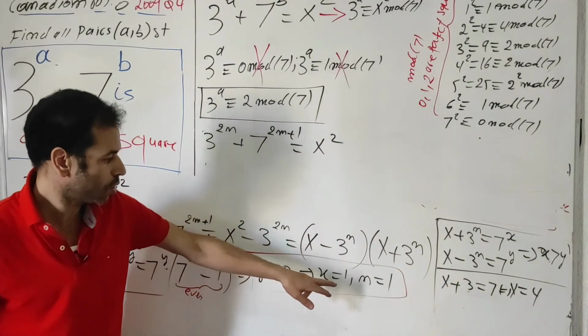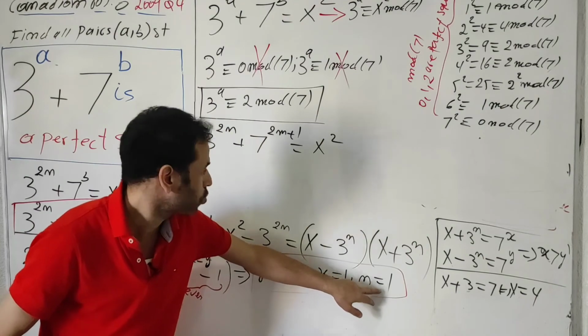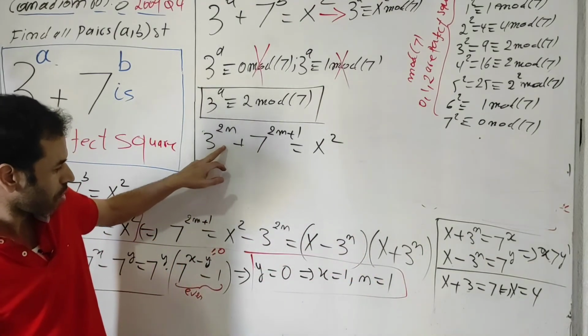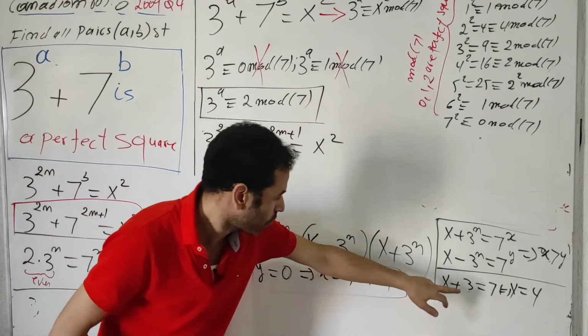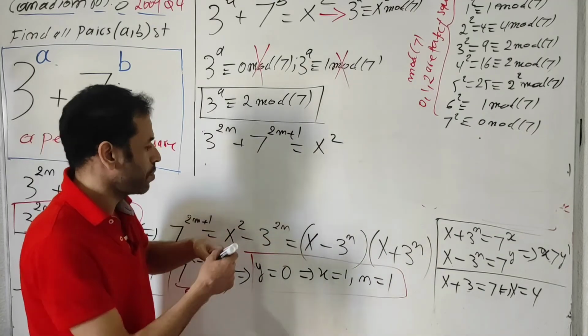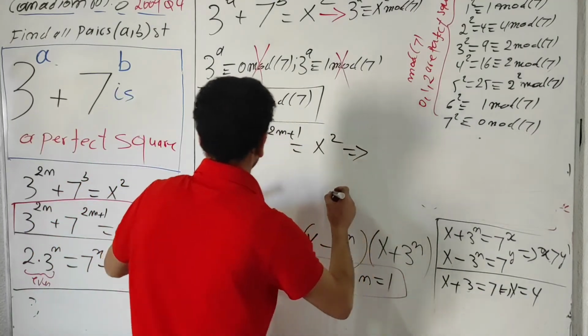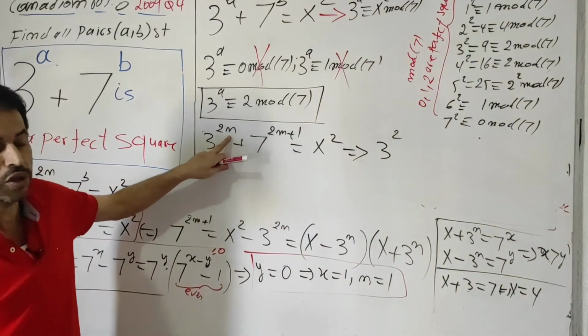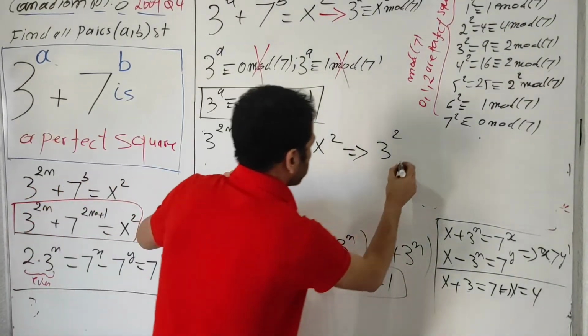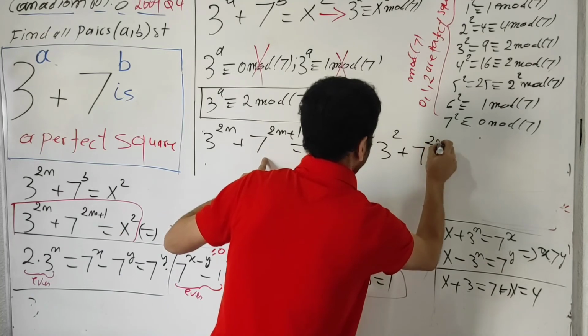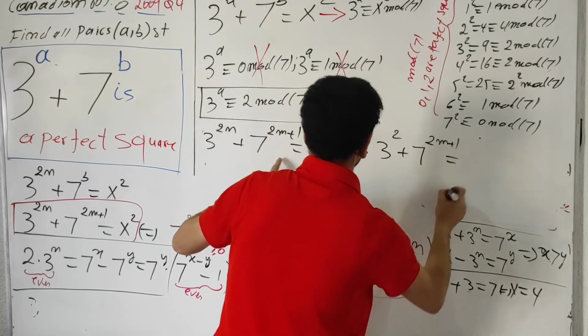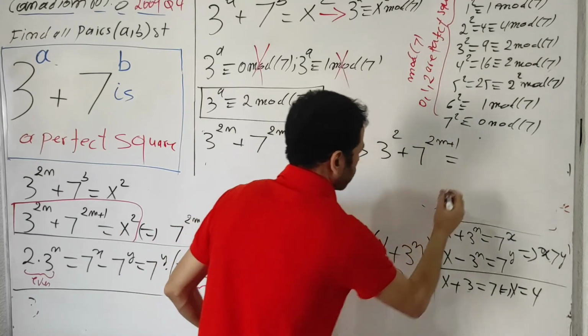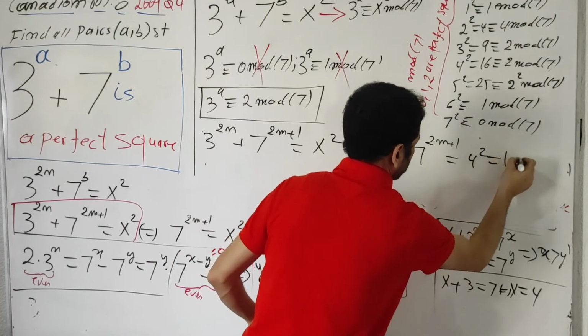By inserting n equals 1 and replacing x with number 4 as I found before, to find m, I will have 3 squared, because n is replaced with 1, plus 7 to the 2m plus 1 equals x squared, which is 4 squared, which is 16.